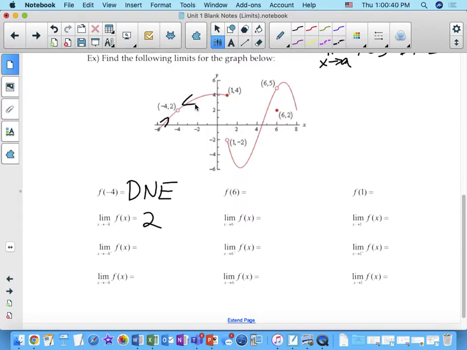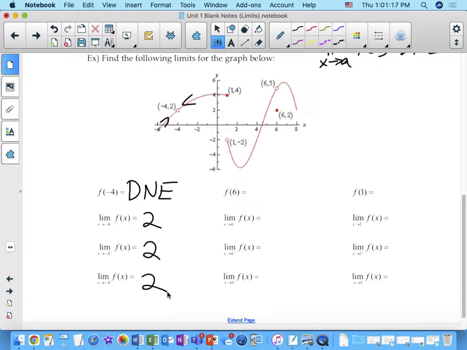Yeah, it's also 2. Because they're coming together and they're approaching the same value, right? They don't actually have to reach that value, but they can get infinitely close to that value. That's also 2. Okay, so then what is the limit as x approaches 4 of f of x? Yeah, it's 2. As long as the left-hand limit equals the right-hand limit, the limit exists.